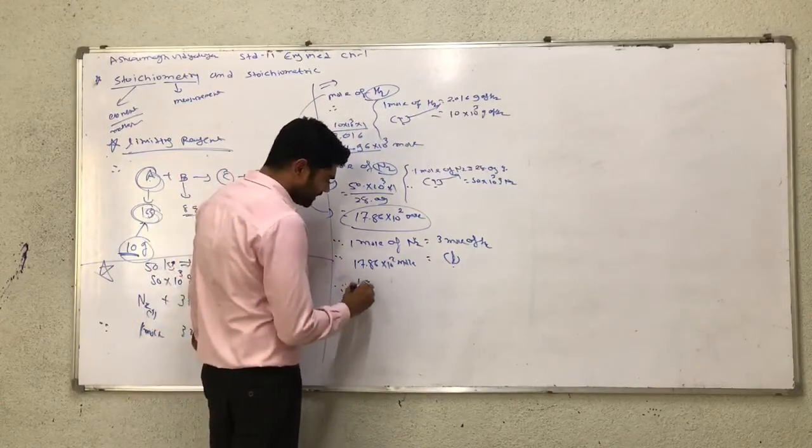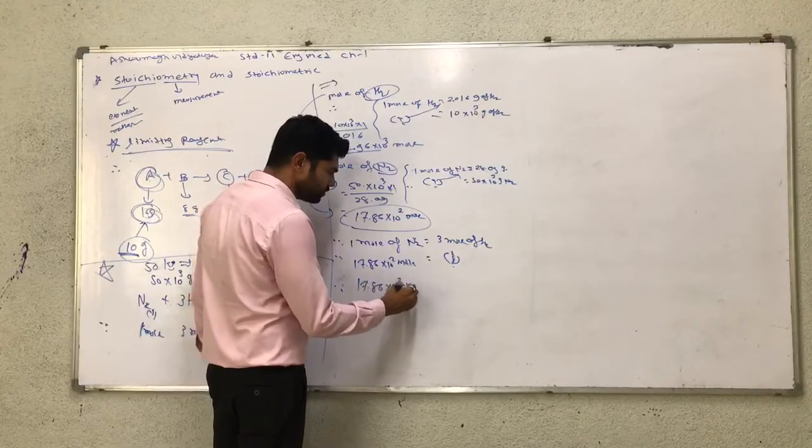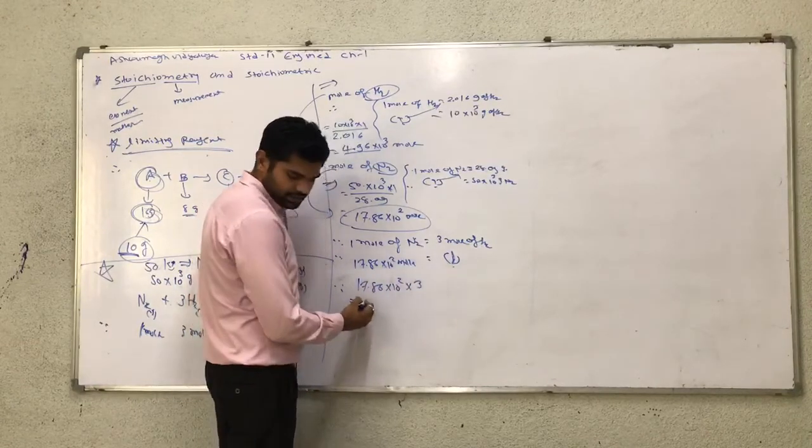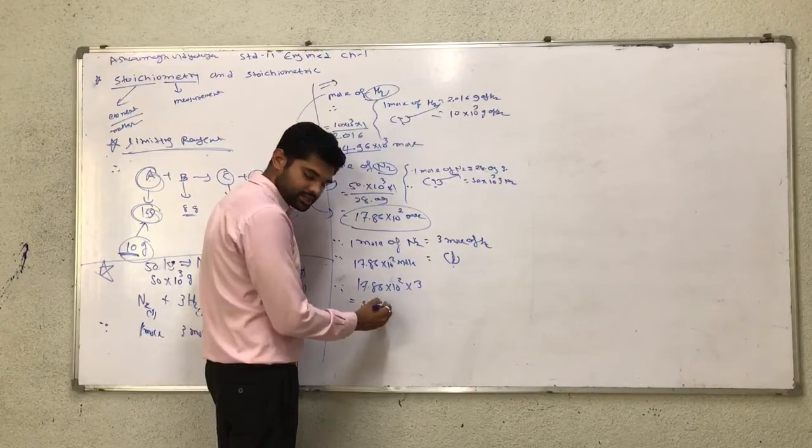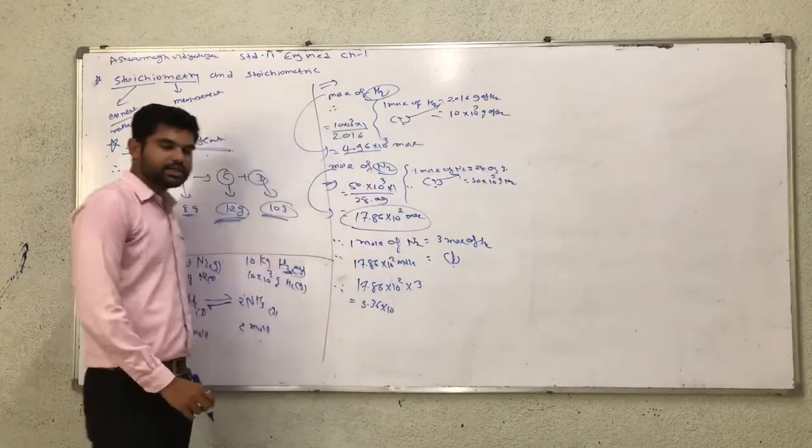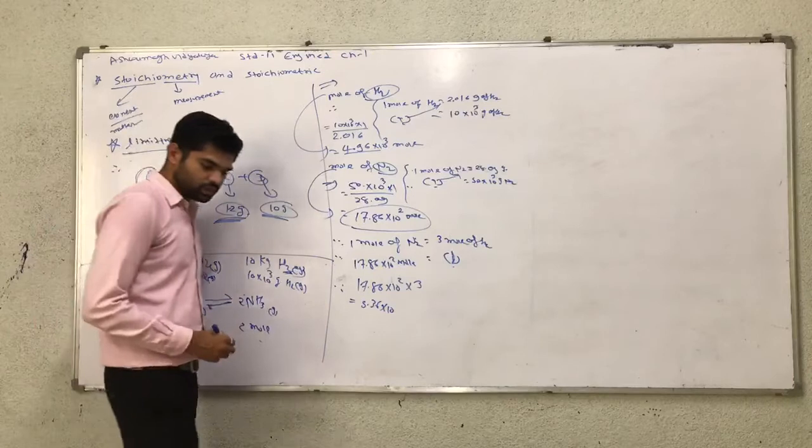So the answer is 17.86 into 10 raised to 2 multiplied by 3. The answer is 5.36 into 10 raised to 3 moles of H2 gas.